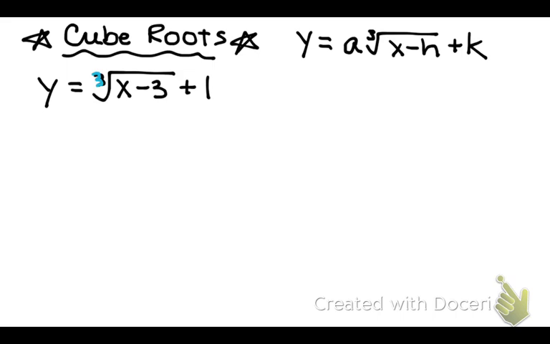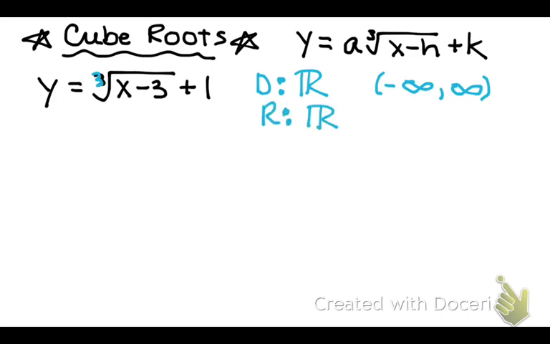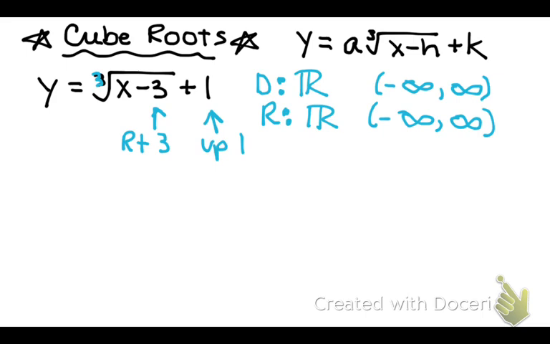Cube roots are a little easier because there's no origination point like there is with a square root, so we know that the domain is going to be all real numbers, or we can say negative infinity to infinity, and the same thing for the range, all real numbers, or we could say negative infinity to infinity. Remember that this value says that we're moving right 3, and this value says we're moving up 1.